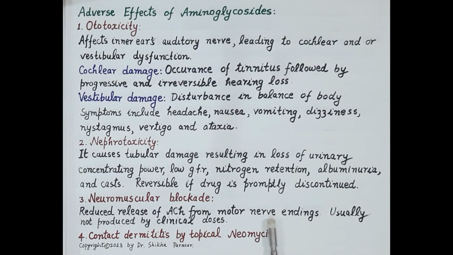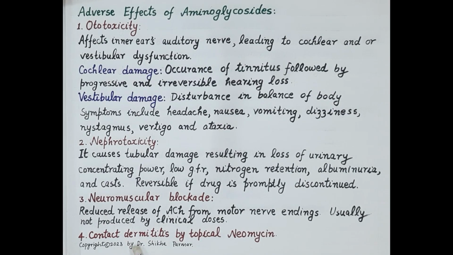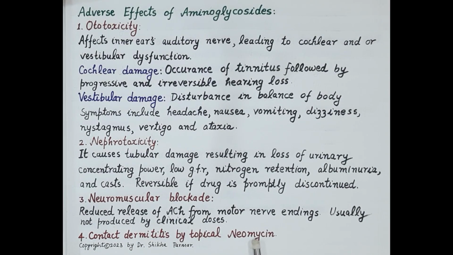However, this neuromuscular blockage is usually not produced by the clinical doses. Then contact dermatitis. Contact dermatitis can occur with topical neomycin when it is applied on the skin. So, these are the main adverse effects or toxicities of aminoglycosides.